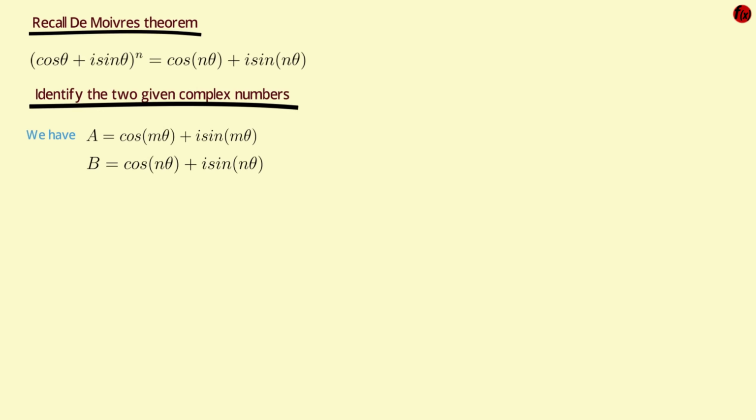These are exactly in the polar form cos φ + i sin φ, where the modulus is 1.